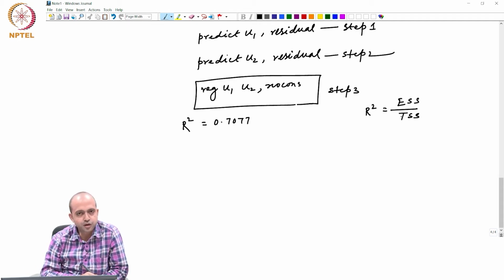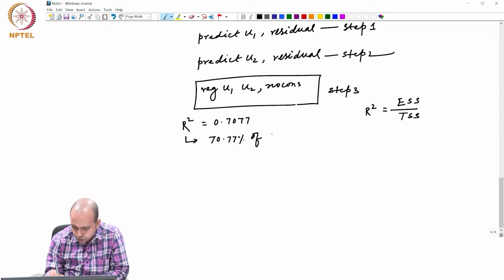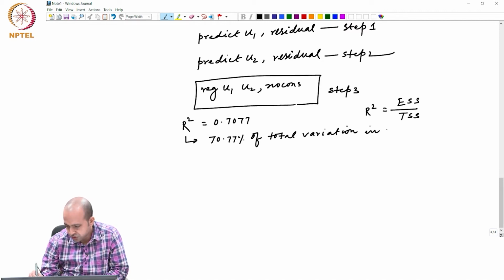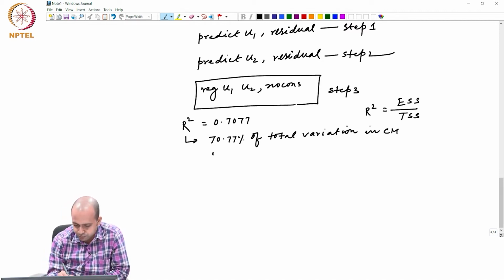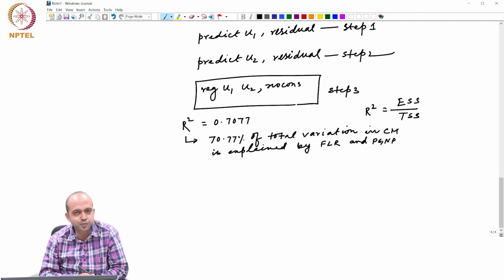So the meaning is that 70.77% of total variation in CM is explained by FLR and PGNP. These are the two explanatory variables we have included in our model.